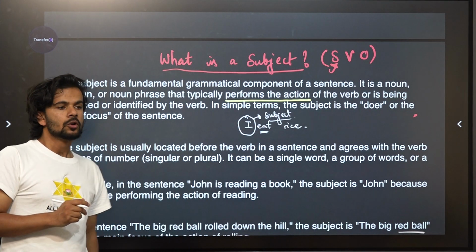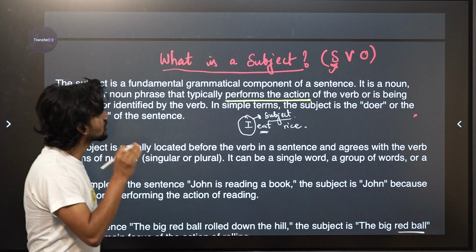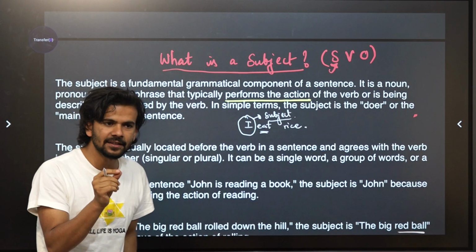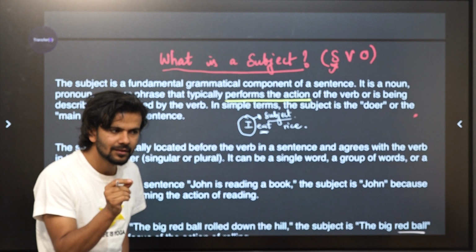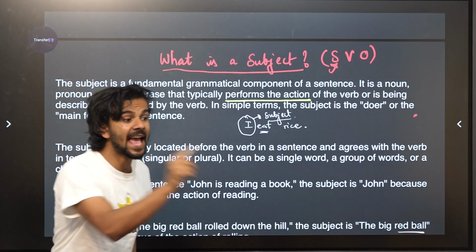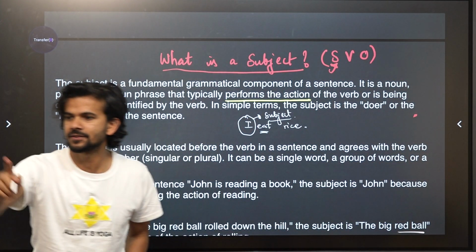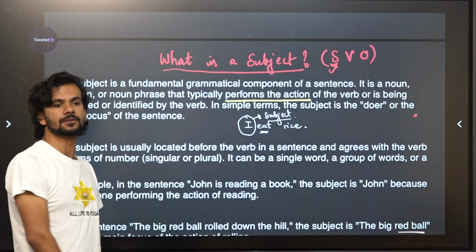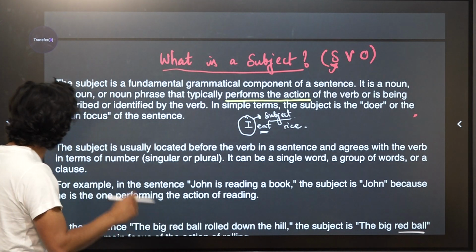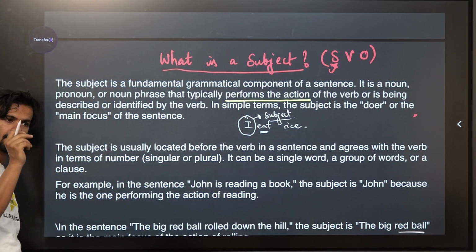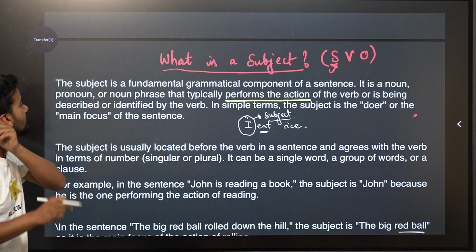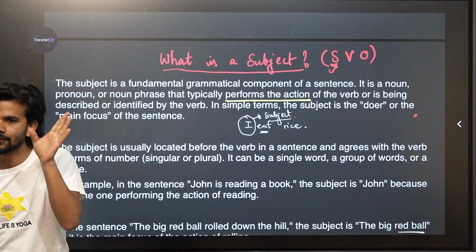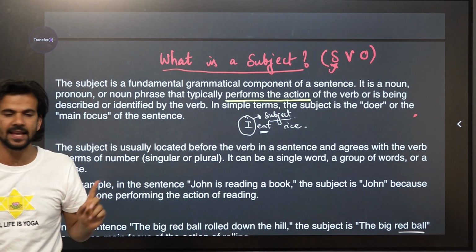Okay. So, in order to find a subject, the first thing to be done is to find the action of the sentence. Action is represented by a word called a verb. Verb represents action.